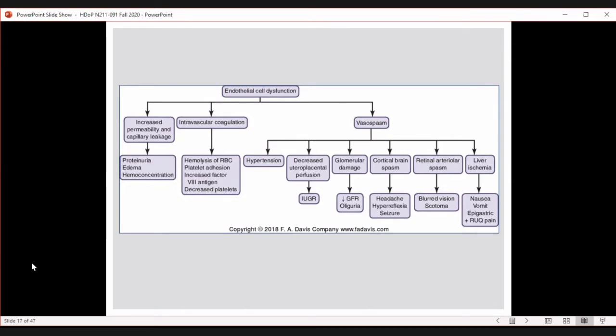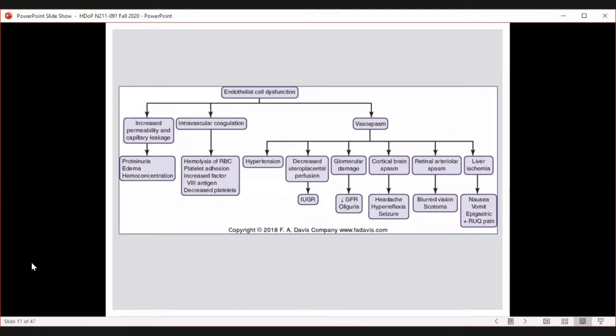But now we have that same endothelial cell dysfunction happening throughout the rest of the body. One of the things that it results in is it makes the vasculature more permeable.